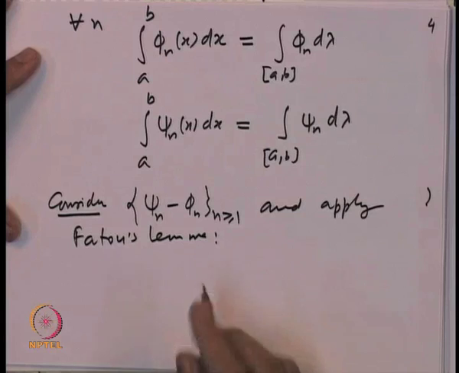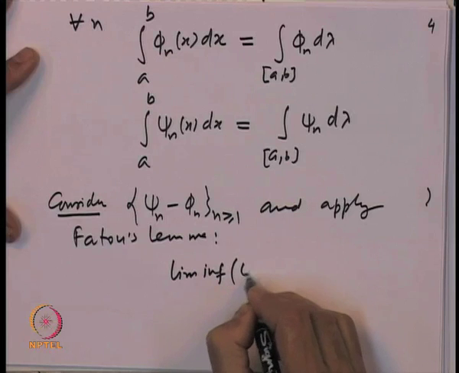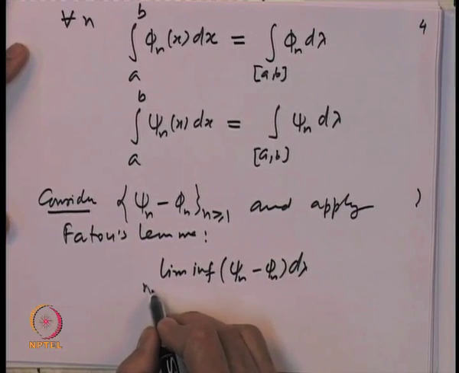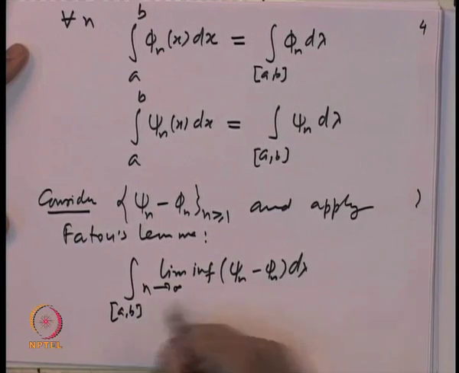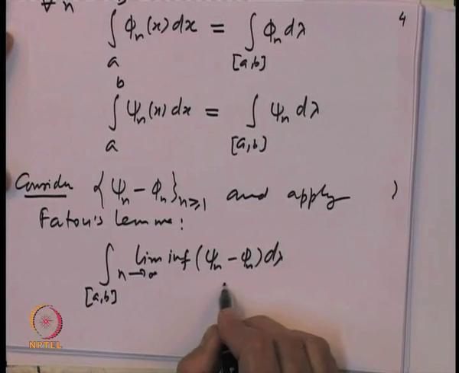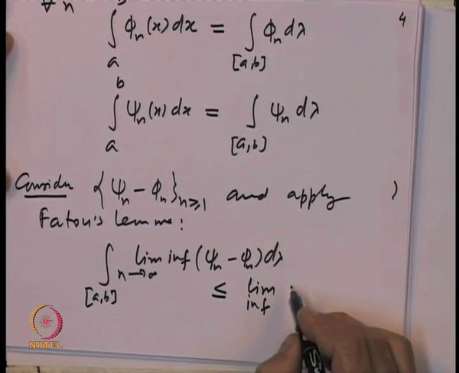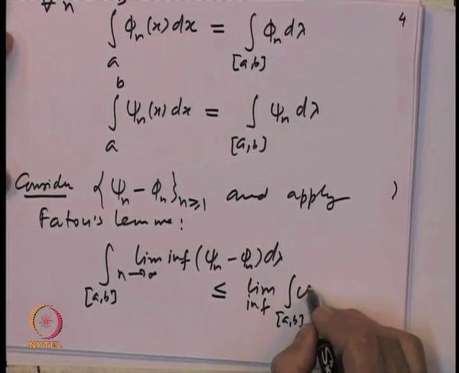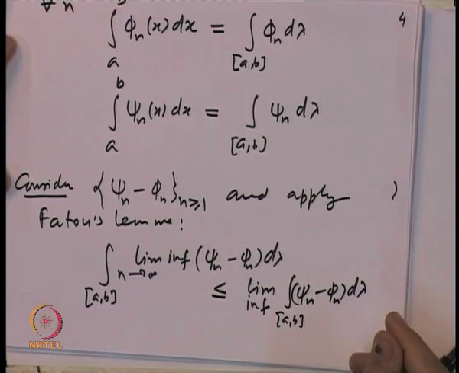So, what will that give me? That will give me that the Lebesgue integral over a b of the limit inferior, as n goes to infinity, of psi n minus phi n d lambda is less than or equal to the limit inferior of the integral of psi n minus phi n d lambda. That is by Fatou's lemma.